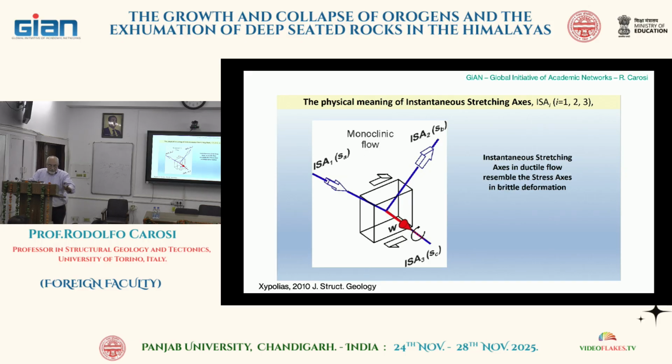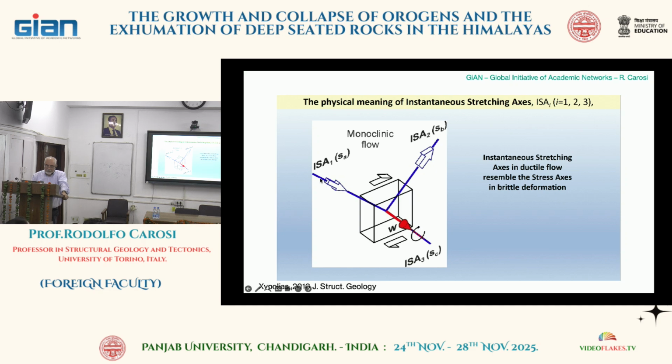I avoid the mathematical part because it's very boring, but you can find it in the paper by Cipolias, this one. So in one deformation, you have the instantaneous stretching axes. The instantaneous stretching axes are more or less the deformation that happens instantaneously.